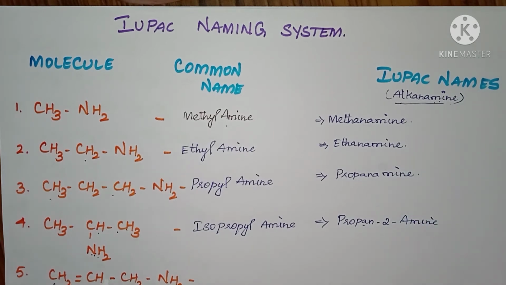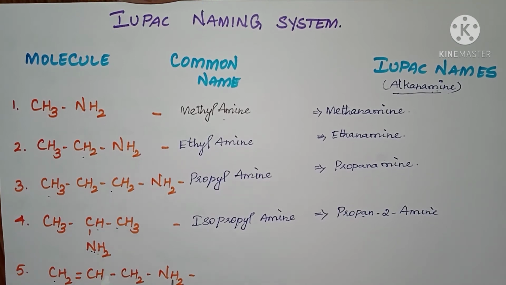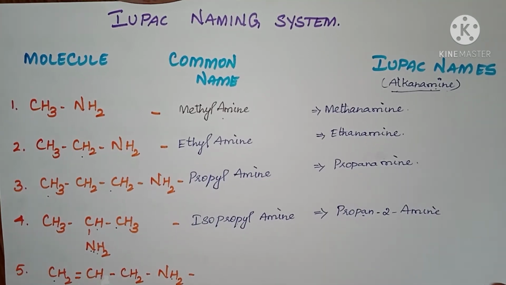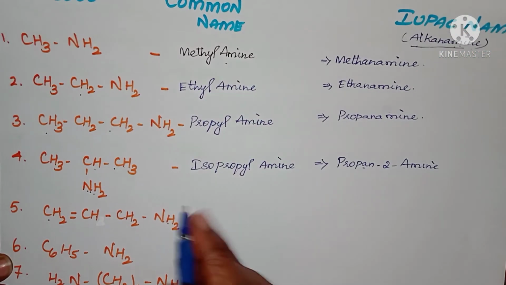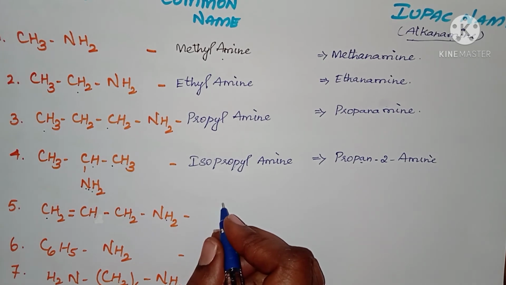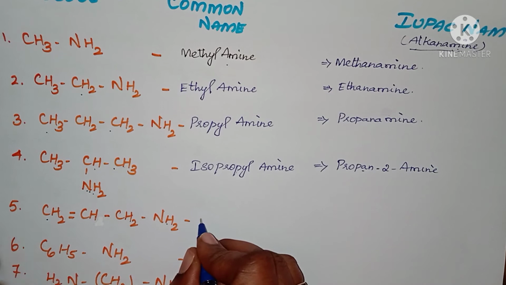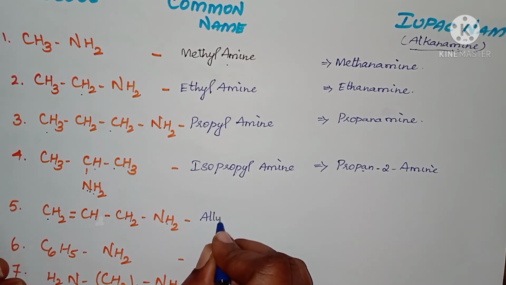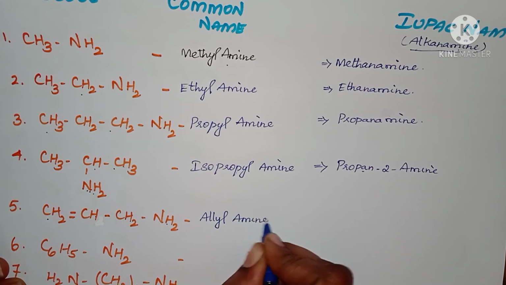Next one, here CH2=CH-CH2-NH2. Here a double bond is available, so alkene, and one more name: allyl also we can give. Allyl, it is a double bond. Allylamine.